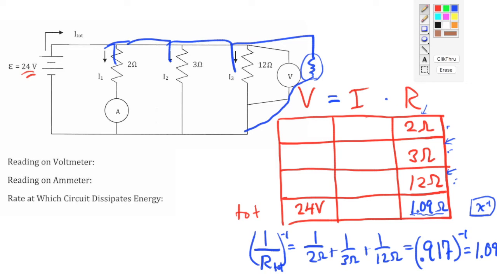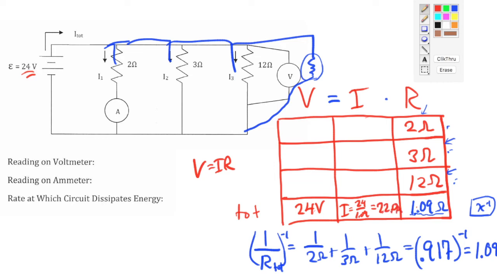Okay, if I have a low resistance, that does mean I'm probably going to have a pretty high current. So if we take this number of 24 volts divided by 1.09, using V equals IR to solve for I, I get a total current of about 22.0 amps.